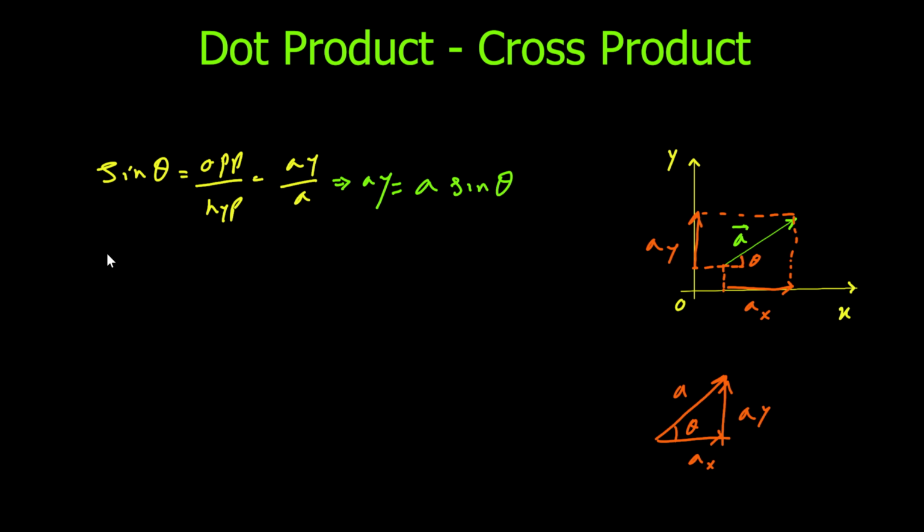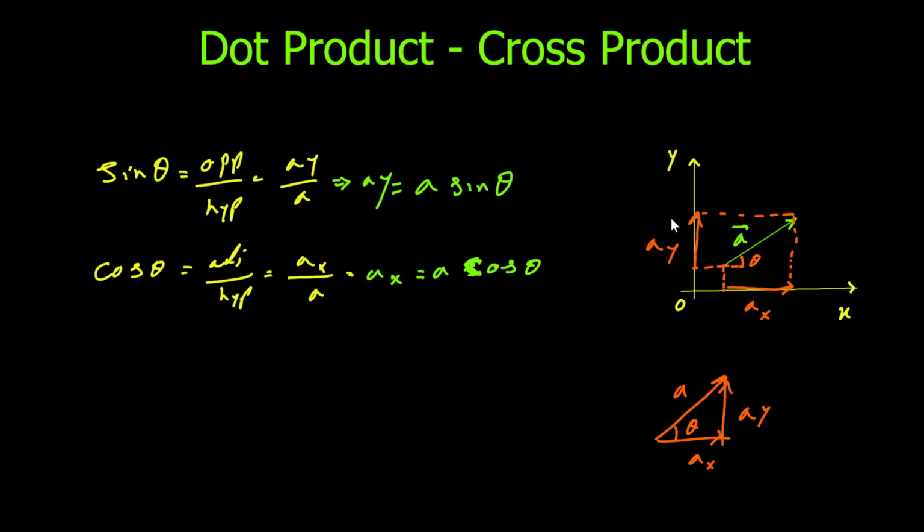Cosine of theta is equal to adjacent over hypotenuse, and adjacent is ax over a, and therefore ax is going to be a cosine of theta. So these are the components, and this is how we derive them.